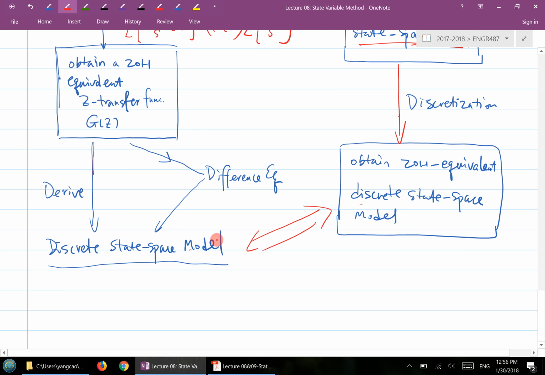I'll show you one very quick example. Given a difference equation, how do we get a discrete state space model?